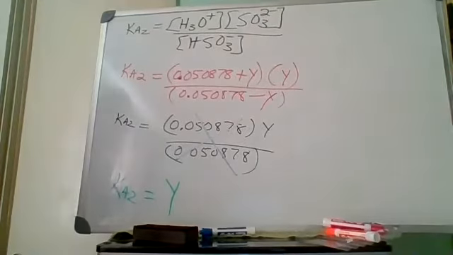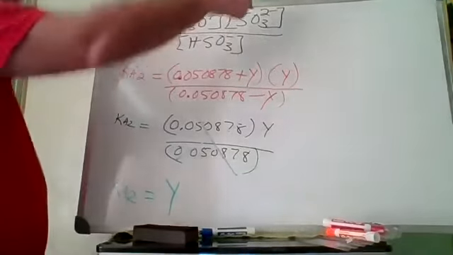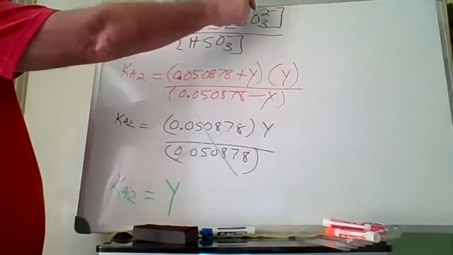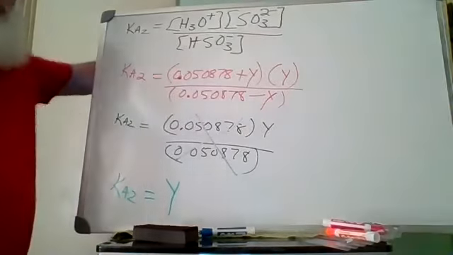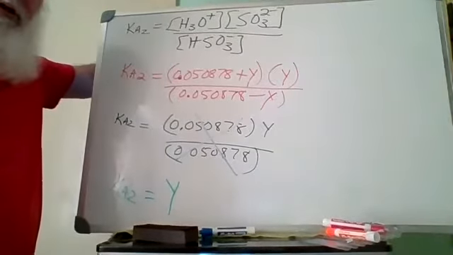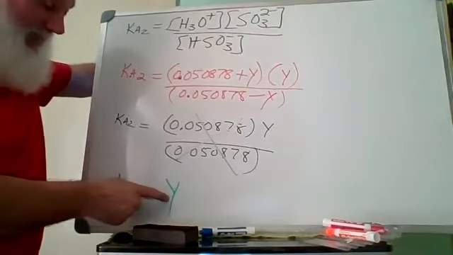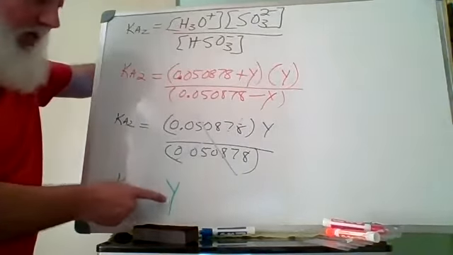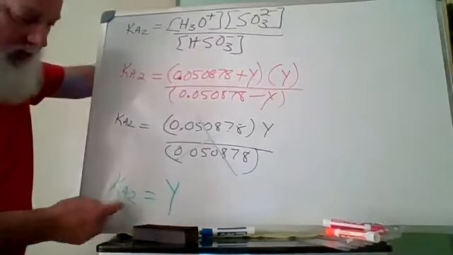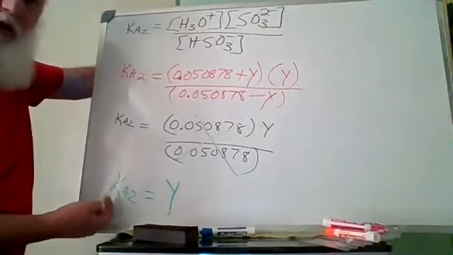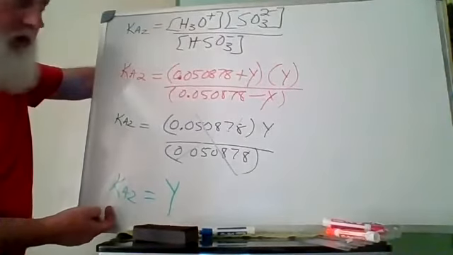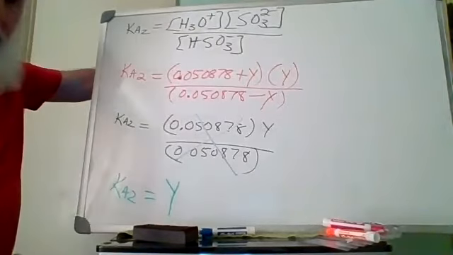And what is y? Y, if you look at your ice table, was the concentration of sulfite anion, which is what we were after. And notice that its concentration at equilibrium is just equal to its own Ka.